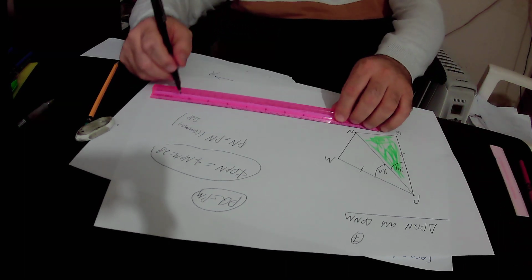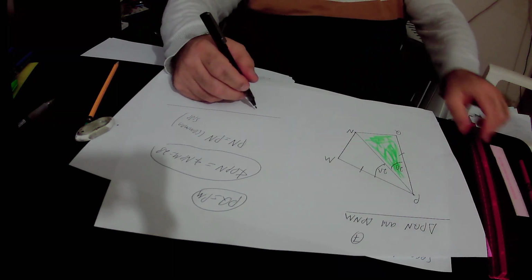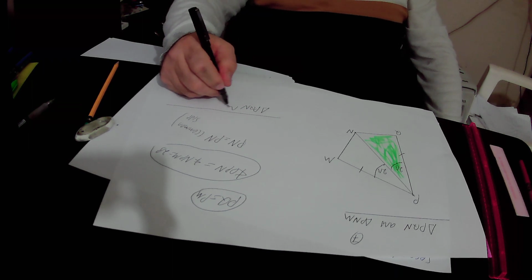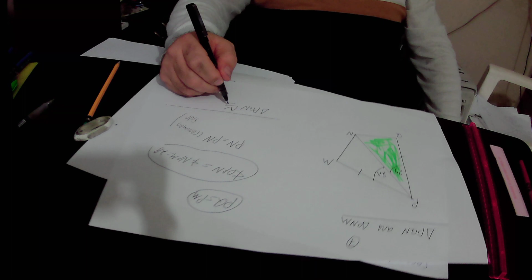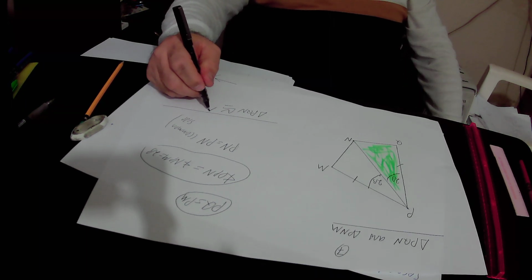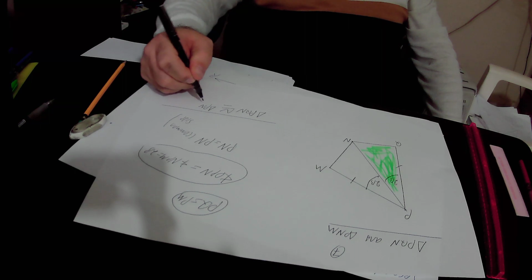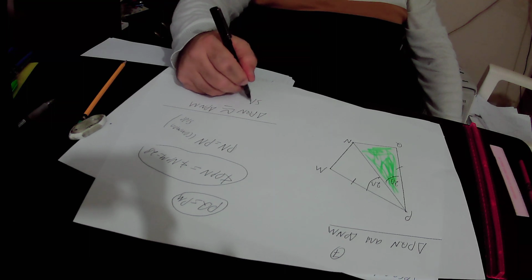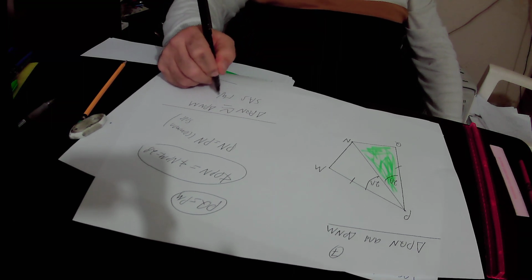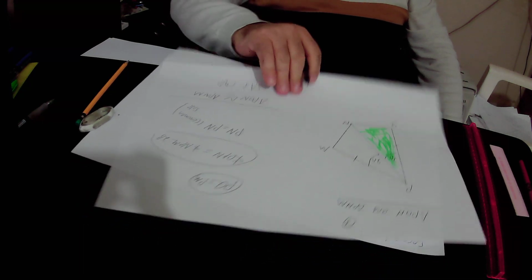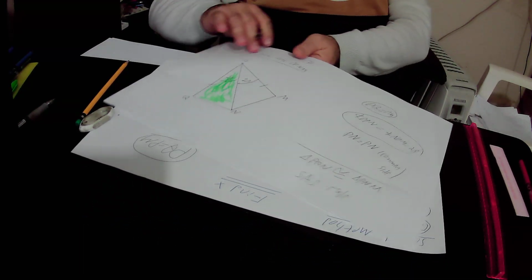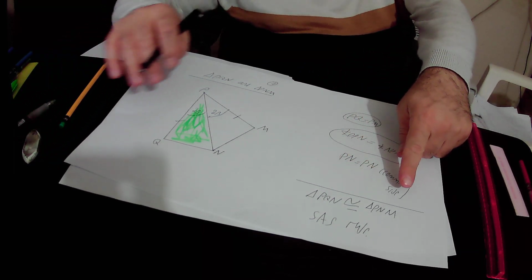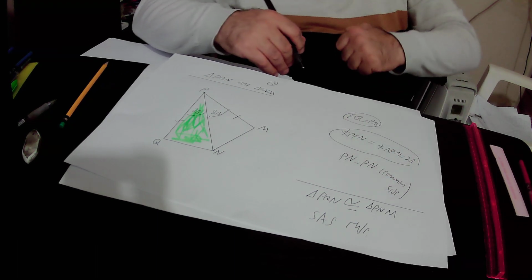So we actually proved that the green triangle PQN is congruent, this is the sign of congruent, to the white triangle PNM, and they are congruent to each other according to the side angle side rule.